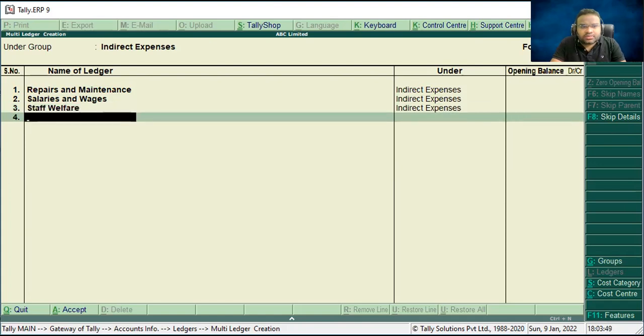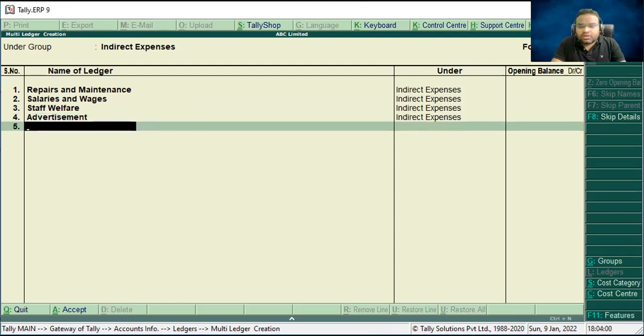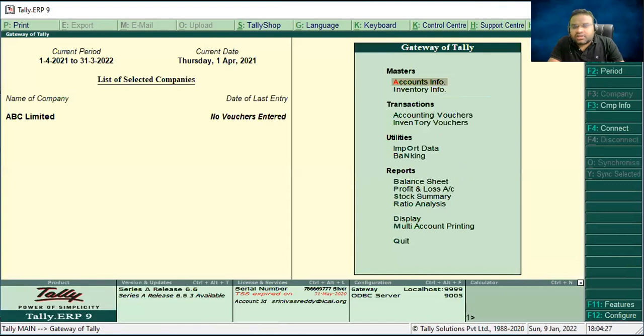Fourth one, I'm going with another ledger called advertisement. Let us assume next one I'll go with a ledger called conveyance charges, traveling and conveyance. So I have created the ledgers.